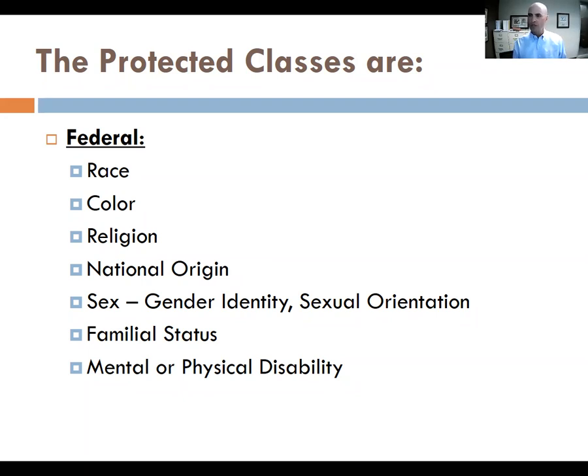National origin, by definition, usually involves where someone is from, immigrated from, or where their parents have come from, and then certain attributes of that national origin, such as the language somebody speaks or their customs and rituals. And we're going to get into some examples.